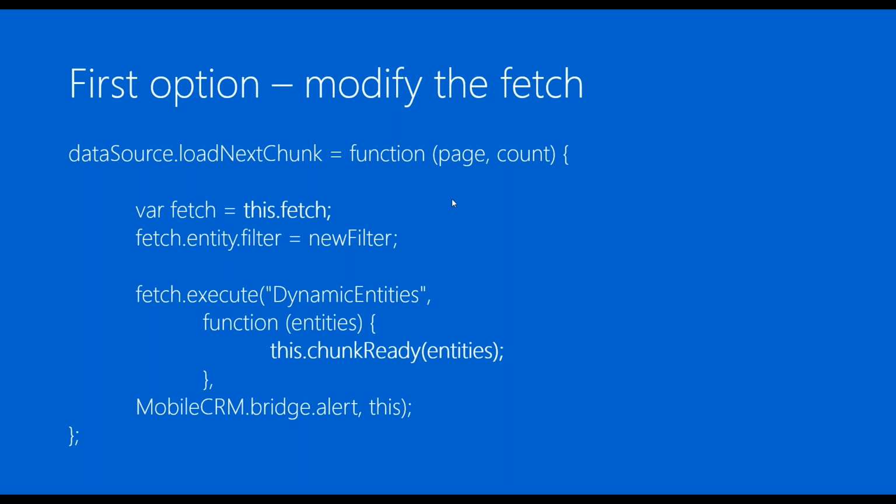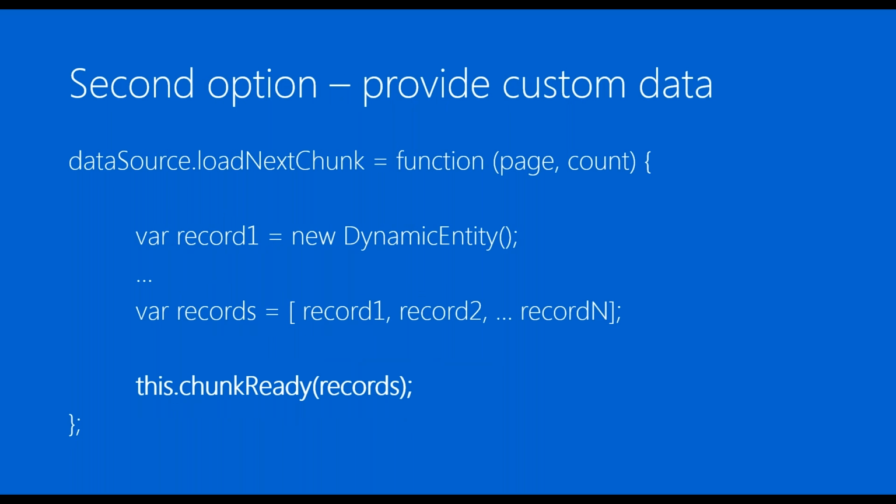As the user scrolls down, the view will request more records from your data source. This way you can ensure that the response of the application and the overall user experience is very quick and fluid.